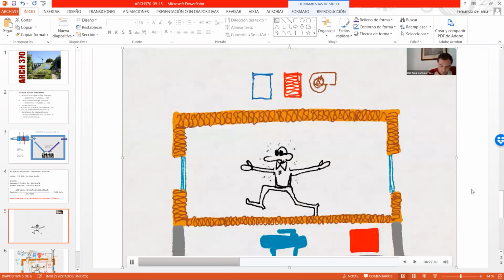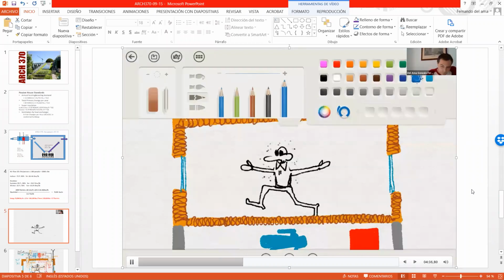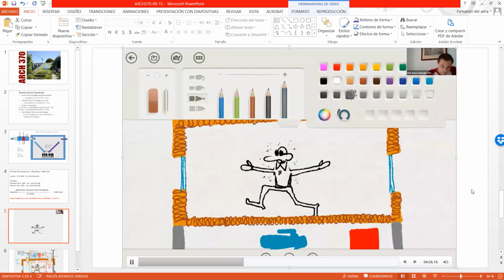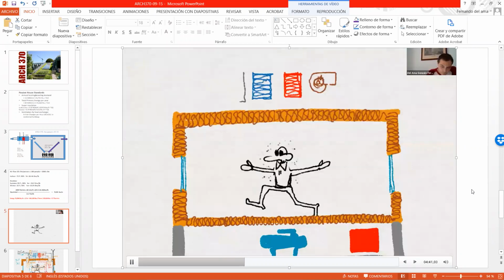Okay, so this is what we did last time. We had the air handling unit with a heating coil and a cooling coil. But now we are going to add something different, the heat recovery. Okay, so there is another box in our air handling unit, which is the heat recovery.